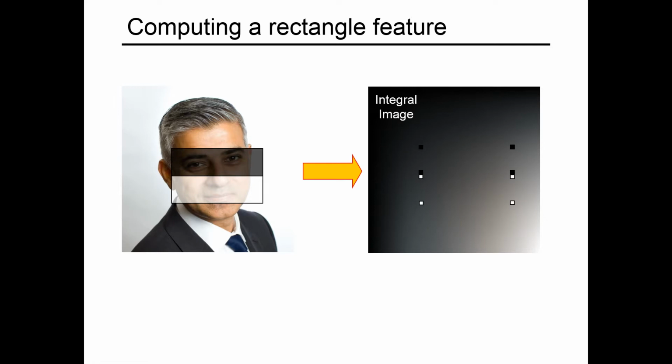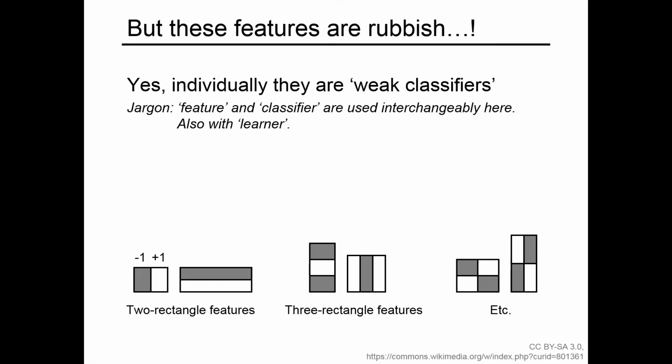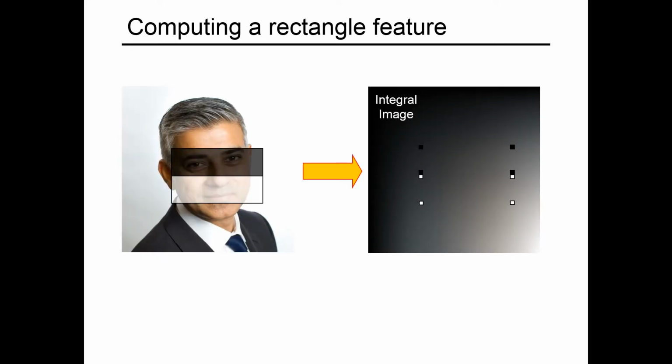Then of course the difficulty is how do you compute this efficiently? And first of all, it doesn't look like this will be a good candidate, right? Therefore it won't work if you just have one of these filters. Basically, you have thousands, millions of these filters, and in practice, you choose from millions of them. You pick 1,000 that you think are good, and you combine them together to give you a good face detector.